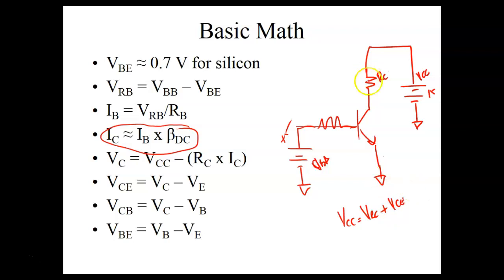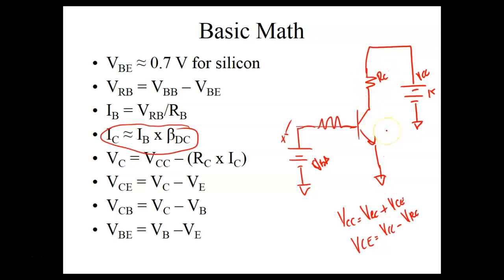So what that means is, if I can calculate the voltage drop across RC, then VCE is going to have to be equal to VCC minus VRC. So normally what we'll do is get the collector current. We're going to use that current to calculate the voltage drop across RC.